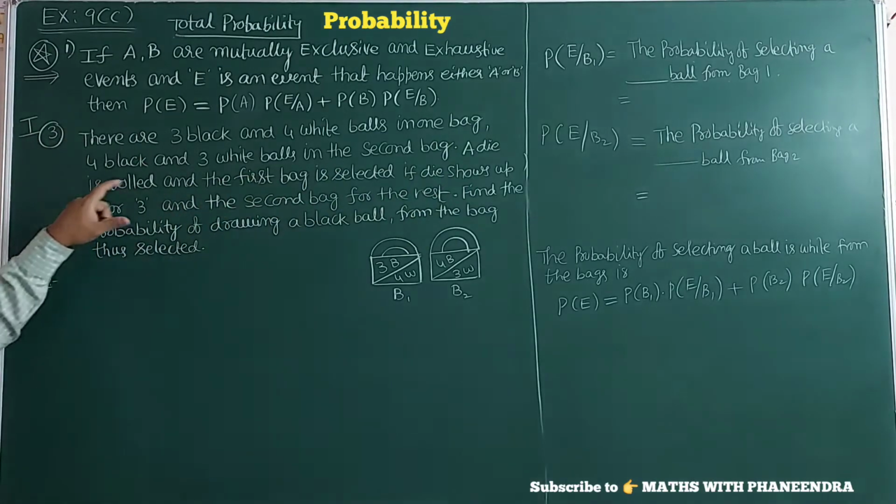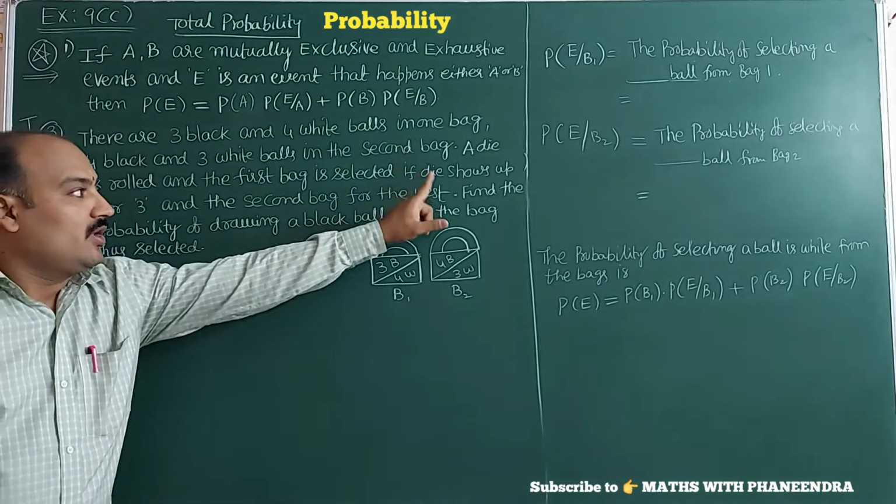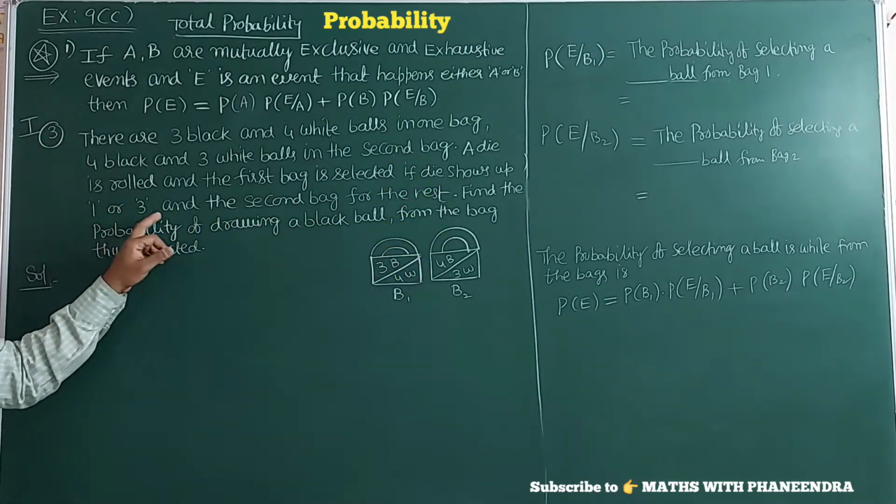A die is rolled and the first bag is selected if the die shows up 1 or 3.